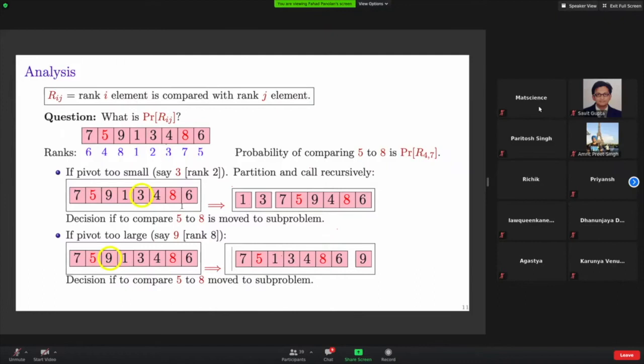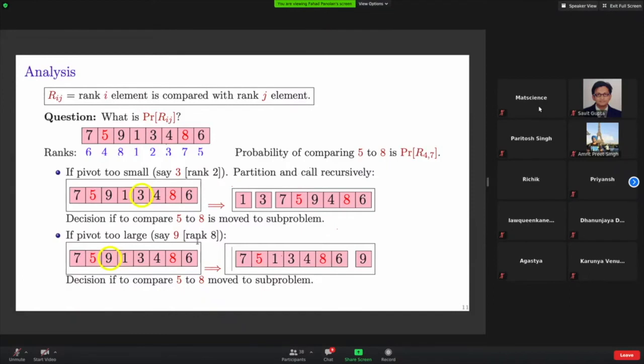But if I choose an element whose rank is less than 4, then both the elements whose rank is 4 and 7 will be moved to the right subarray. And in this subproblem, you may be comparing 5 and 8. Or in other words, if you choose a pivot whose rank is 2, then the decision of comparing the rank 4 element with the rank 7 element will be moved to the right subproblem.